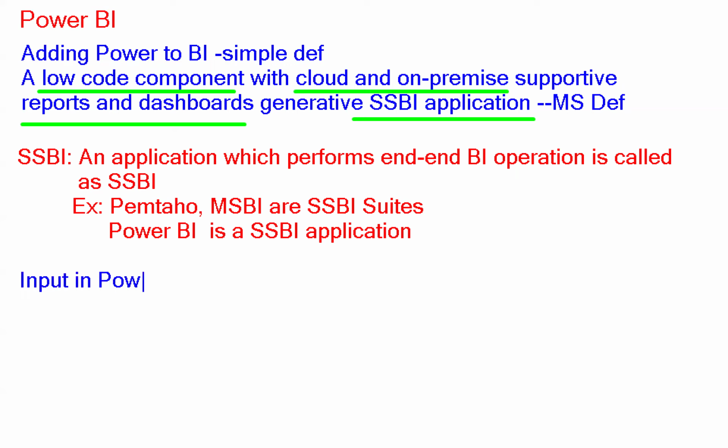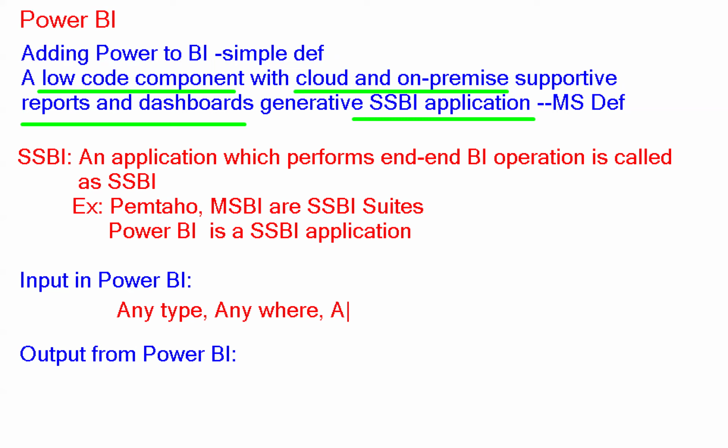Input in Power BI, output from Power BI. What is the input in Power BI? Any type, any way, any storage data, which I explained very clearly last class. Simply data is the input. What is the output? Report or dashboard. This is the output from Power BI.